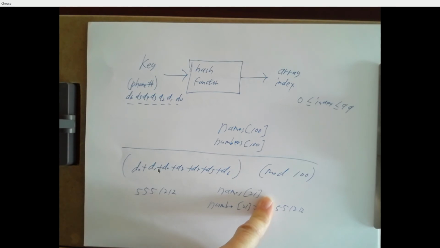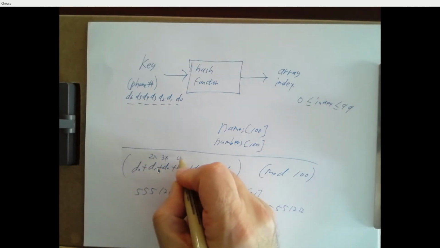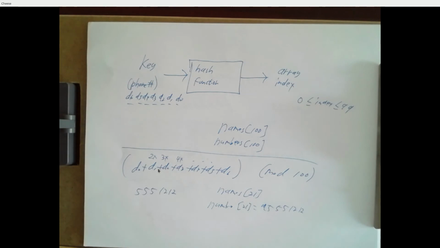So we'd like a more clever hash function, something like D0 plus twice D1 plus 3 times D2, and so on. So that if you just change the position of 2 digits or something like that, you get a different hash. But there's a whole science to creating good hash functions.